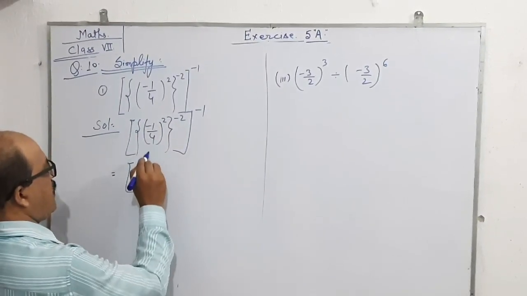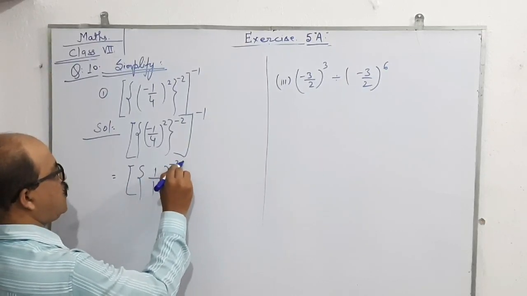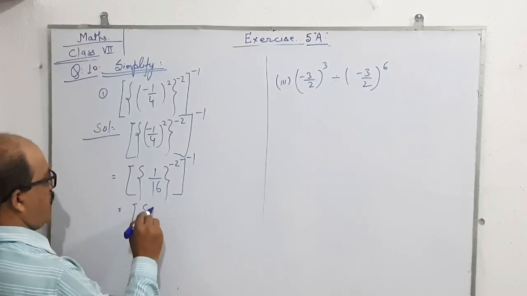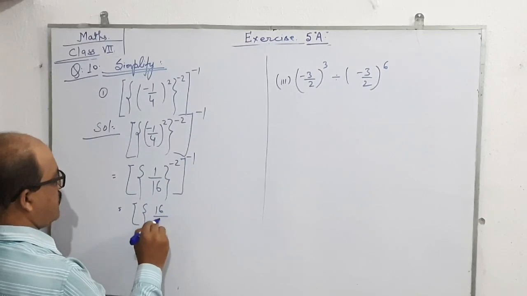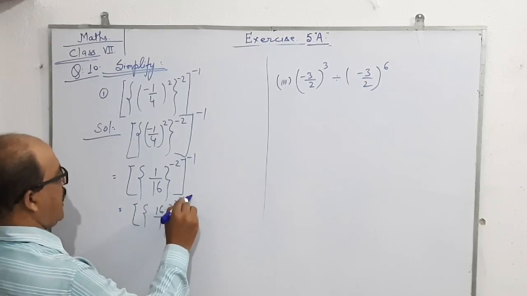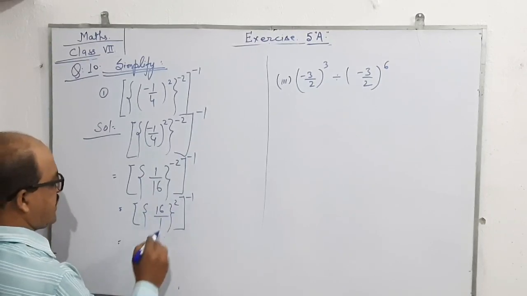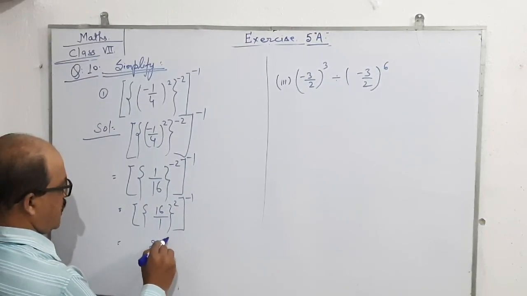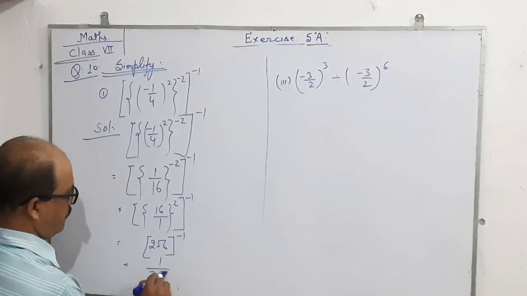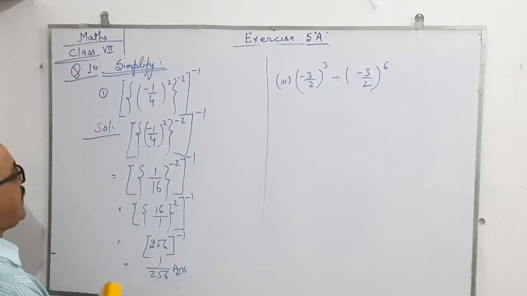Minus 1 will be multiplied 2 times, so 1 by 16, and here 2 then power minus 1. Reciprocal of this number, 16 by 1, and the power is 2, and then the exponent is minus 1. 16 sixteens are 256, and the power is minus 1. It means 1 by 256. This one is the answer.